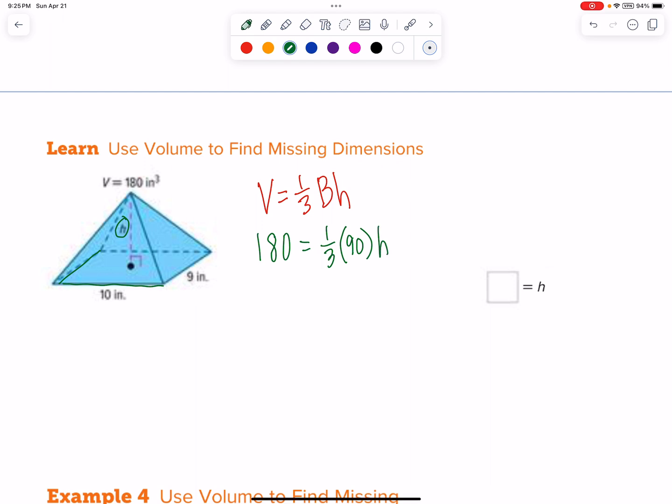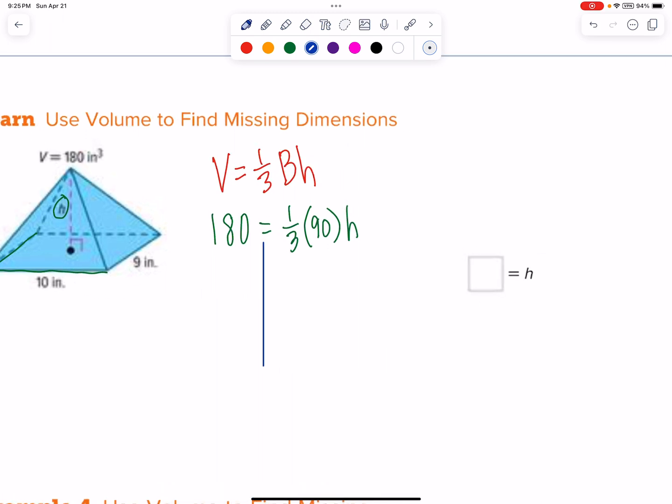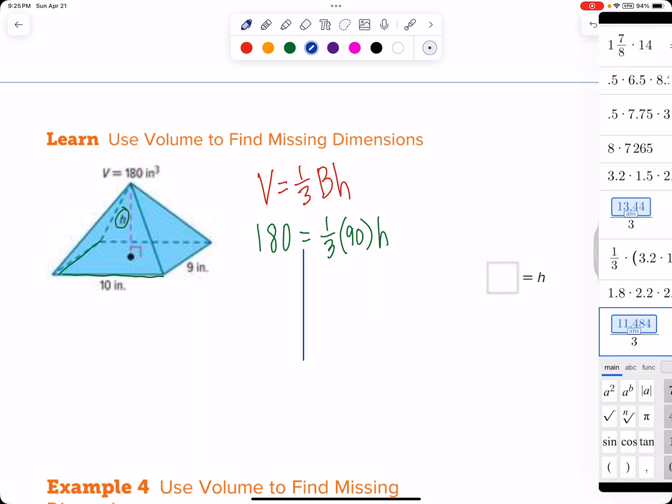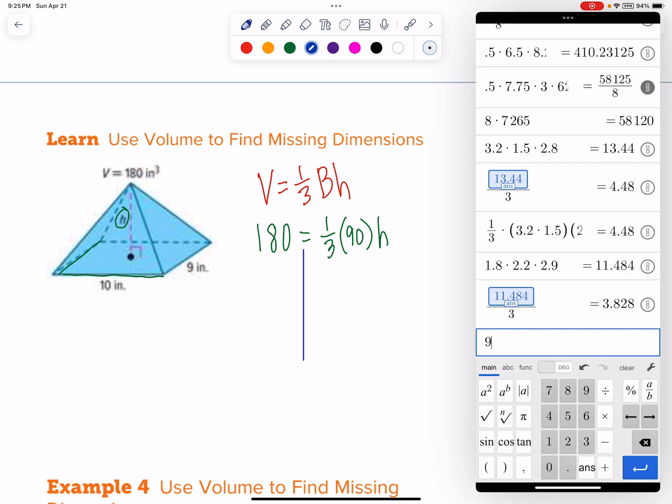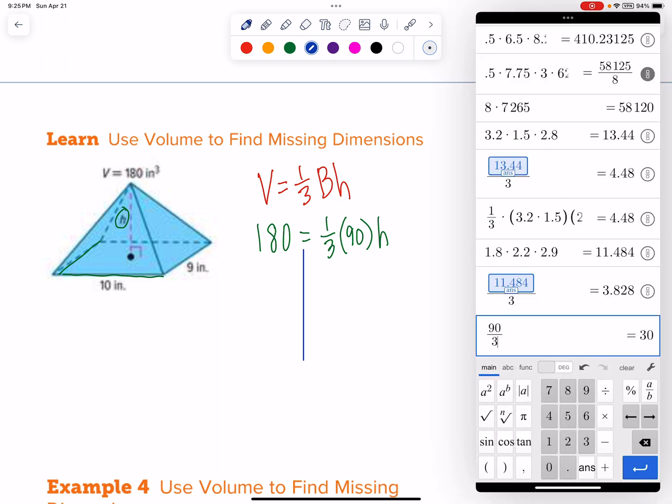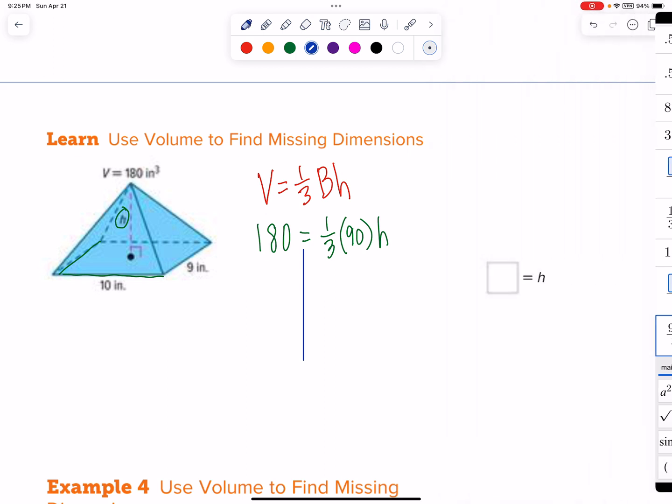Okay, so now we do have to go ahead and do some solving. So separate your workspace to do your algebraic work. Okay, we have 1/3 times 90, or just 90 divided by 3. And that's a nice quick mental math one. Okay, and so right now we have 180 equals 30 times h.